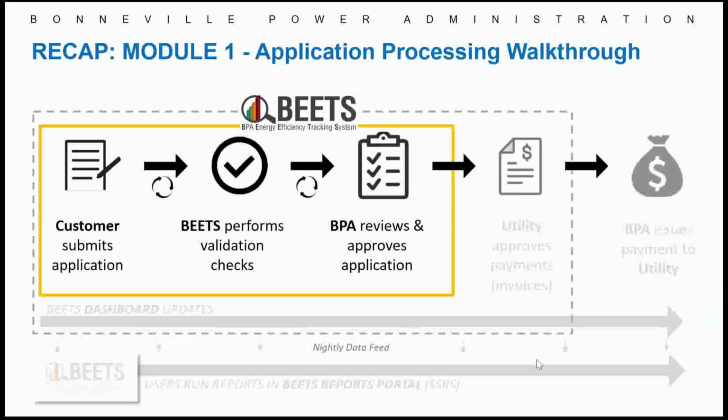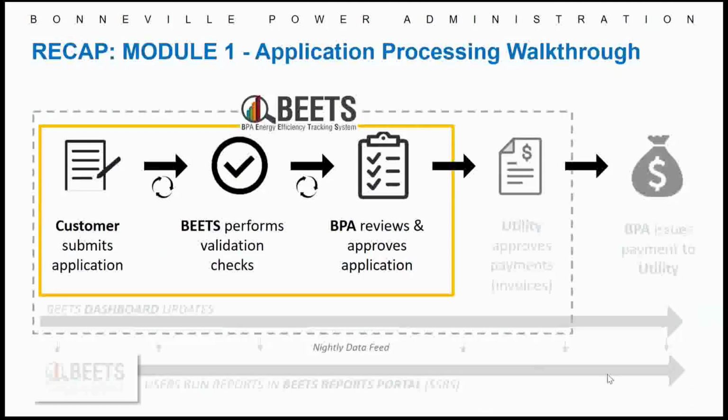When we review it, all the fields are there and all the data is in the right format. Then our COTRs and other quality control specialists review your projects, and if everything meets our compliance standards in the implementation manual, that application is approved by Bonneville. That's what we reviewed in Module 1.